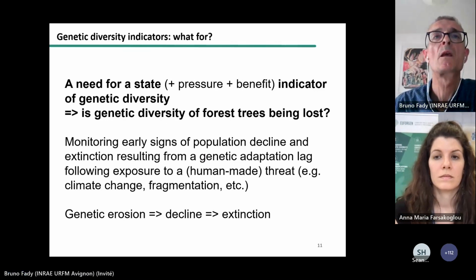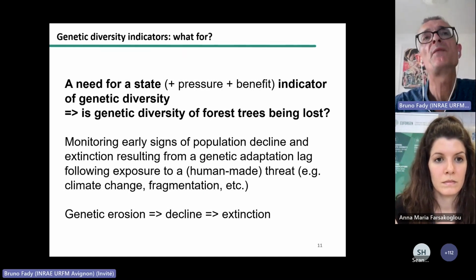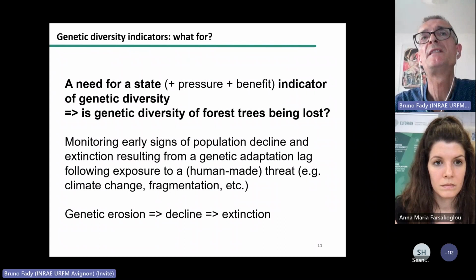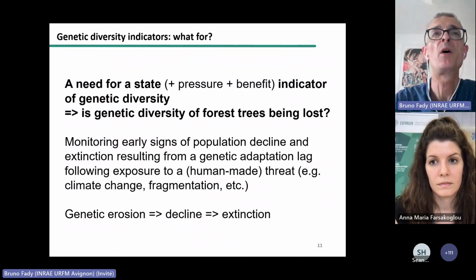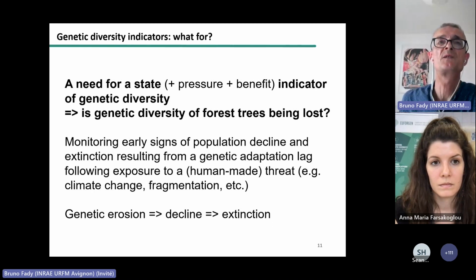For example, something very interesting would be failure or success of those reproductive materials over time when planted. So I would say, given that the indicators that we have are essentially related to response, we do need state, not to talk about pressure and benefit, indicators of genetic diversity. We really need something that tells us if genetic diversity of forest trees is being lost over time and space.